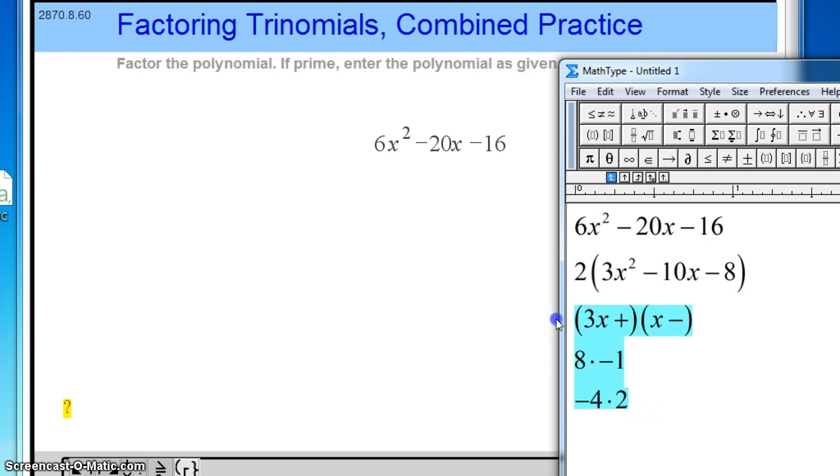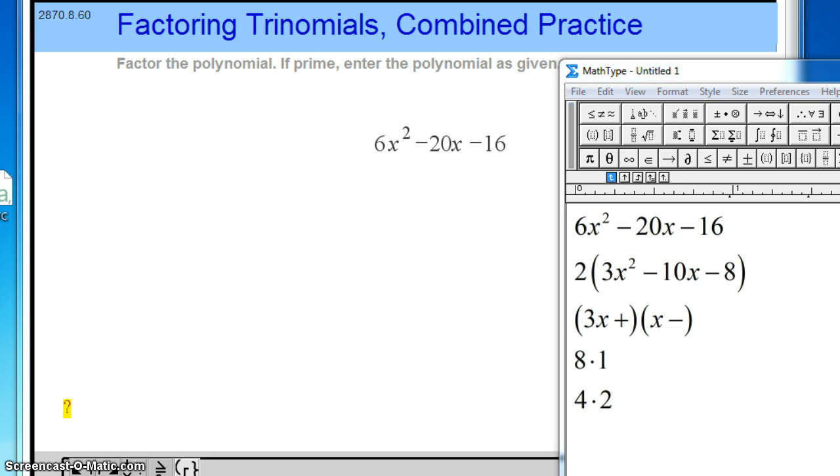So my suggestion is to brute force it, and that means to write out every possible FOIL you can. Like I said, our last terms are going to be 8 and 1 or 4 and 2, but they can't be anything else. And our first terms are going to be 3x and x, and they can't be anything else. But the positives and minuses, those could change.